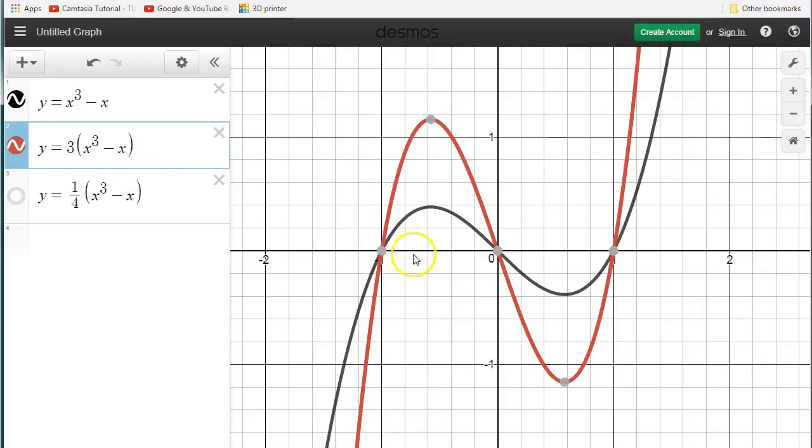Now, I want you to notice here, the zeros of this graph stay where they were. The positive values are pulled up higher, the negative values are pulled down lower, but the zeros stay exactly the same. So it's as if it were grabbed in the middle and pulled apart vertically.